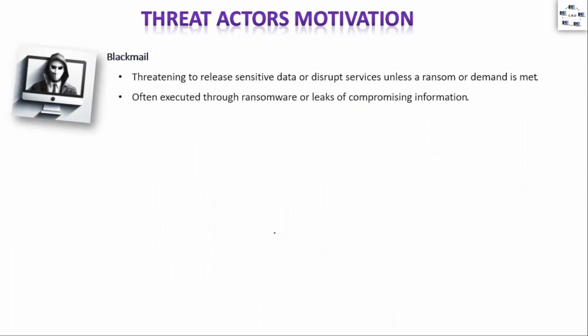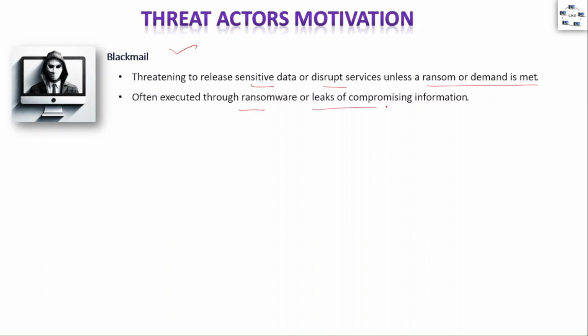The next motivation is blackmail. So threatening to release sensitive data or disrupt services unless a ransom or demand is met, often executed through ransomware or leak of compromising information. We already studied that with ransomware the user is blackmailed for ransom, a financial gain.